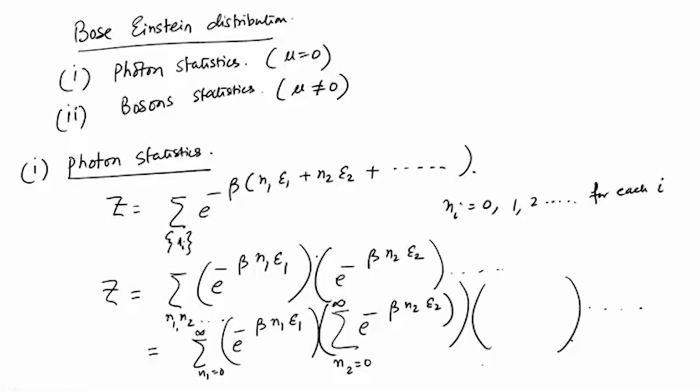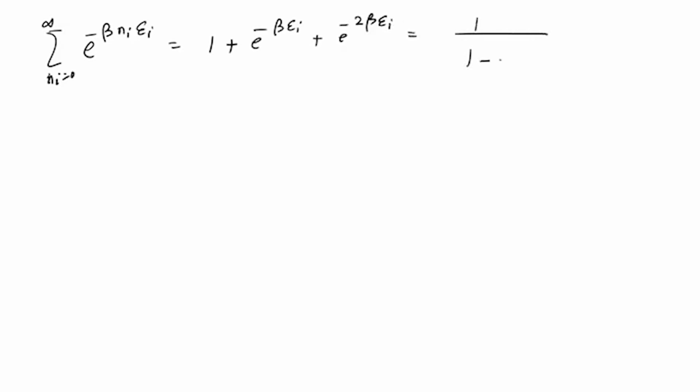So, that is a GP series, geometric progression, we call it a GP series, and this GP series can be evaluated easily, and one gets, over each of those ni equal to 0 to infinity, exponential minus beta ni epsilon I as 1 plus exponential minus beta epsilon I plus exponential minus 2 beta epsilon I, and this is nothing but 1 divided by 1 minus exponential minus beta epsilon I, and of course, my exponential minus beta epsilon I is less than 1.